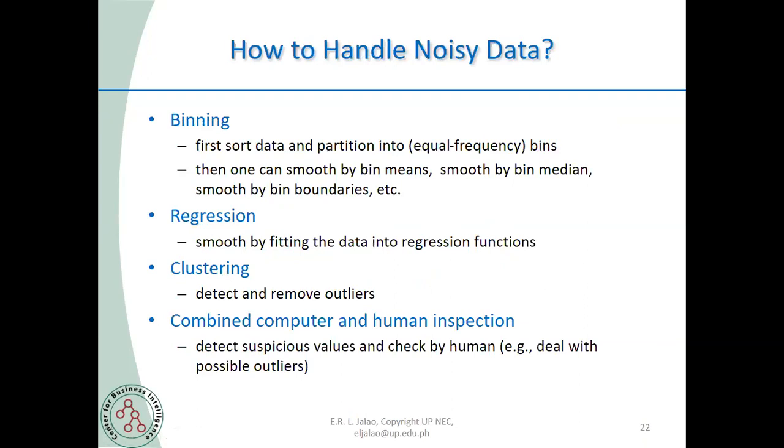Okay, so there are ways on how to handle noisy data. So just like what I've told you a while ago, we have binning, regression, clustering, and combined computer and human inspection. So that is data preprocessing, it has really the most tedious and major task in data mining class.